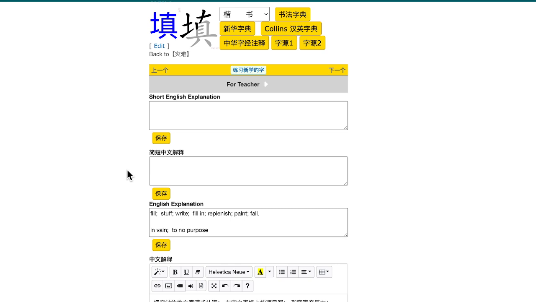Basically, it's something that is a void, empty, and then you have to fill in something. Okay, filling dirt or writing some letters. Okay, so basically it's something empty, which has nothing, and then becomes having something in it. Okay, so that's the meaning.